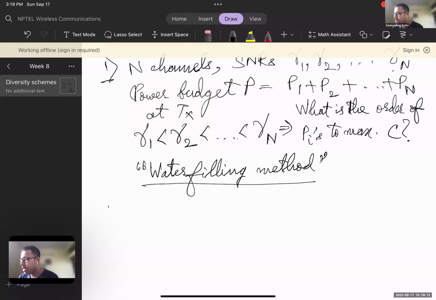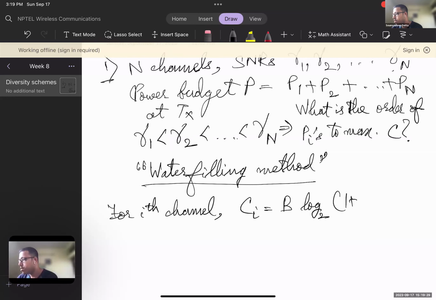So for the ith channel, the capacity of the ith channel is some bandwidth times log of 1 plus Pi times gamma i.